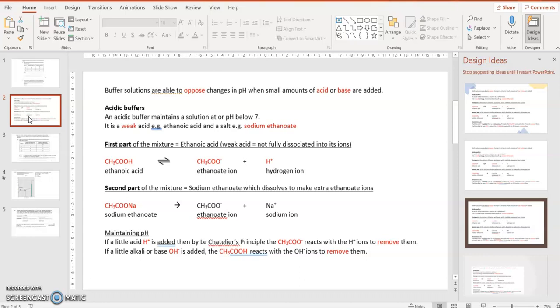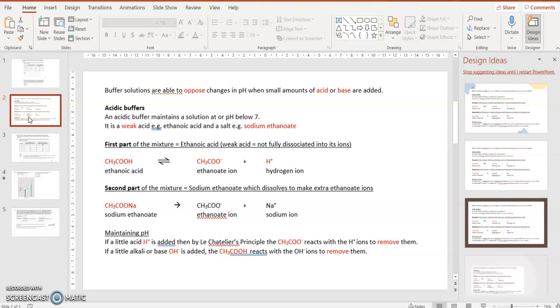How does a buffer solution work? Well, if you look at that first part of the mixture, ethanoic acid and ethanoate ion and hydrogen ions, I've made a little bit more of the ethanoate ion in there to make sure I've got enough of that. Should I add an acid?